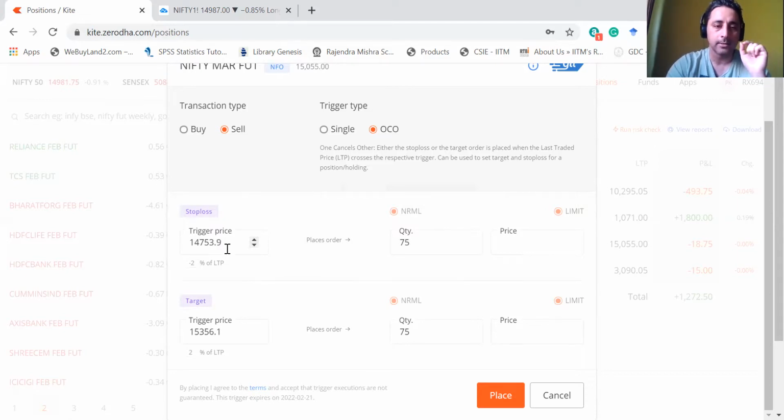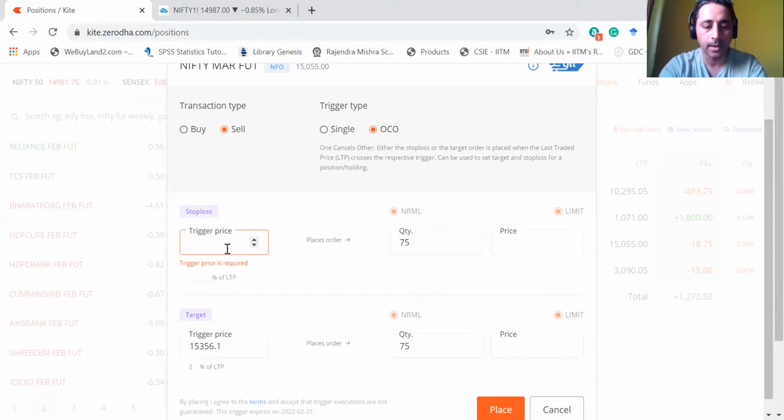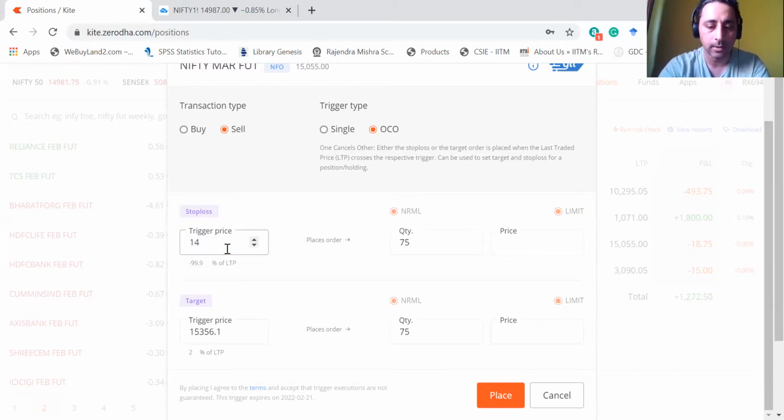The target price is that price when that comes. So let's say I keep it 14,988. Right now it's 87. Okay, so I have to keep it 86. Let's say if 14,986 arrives, Nifty arrives at that level, then this order is ready for execution, not before that.